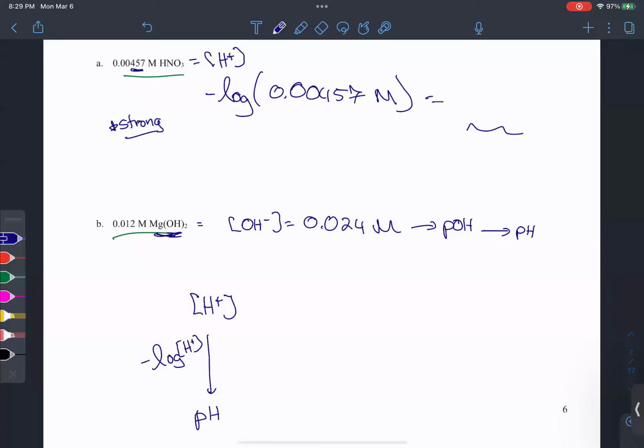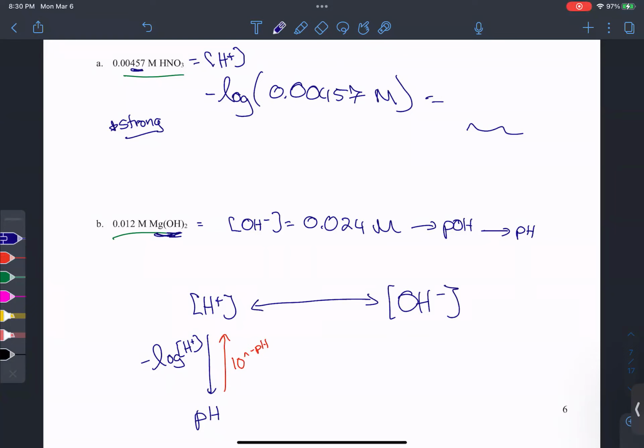If I'm given a pH, how do I work myself backwards to H plus? What do I have to do to undo a pH? You do 10 to the negative pH. That's how you go backwards. All right, so what if I know H plus? What if I wanted to know the OH minus concentration in a solution? How are those 2 related?